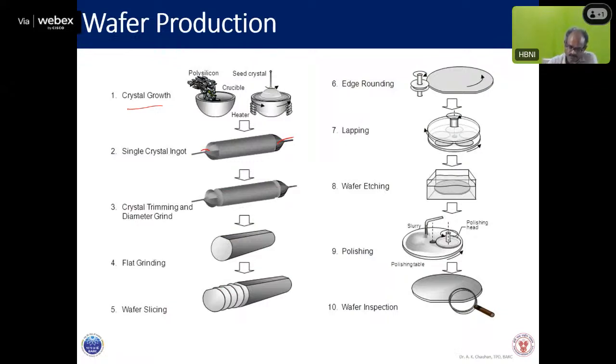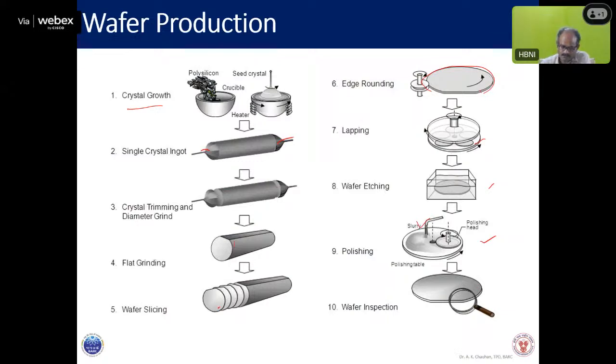Then by using a wafer slicing, crystal cutting machine, you slice into small wafers, and after that you have an edge rounding machine. By this, the edges are rounded, and then the lapping and polishing is done. Then after that, etching is done, and after etching, again polishing to a fine grade is done using the slurry.